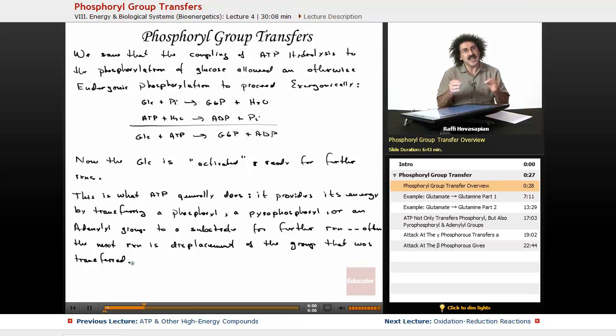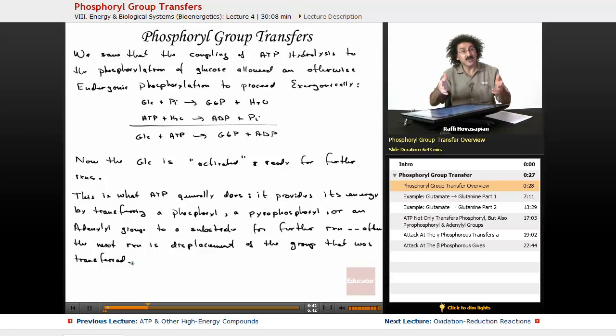That's all that's happening. ATP, by transferring its phosphoryl group onto that molecule, in this case on glucose, has raised the energy content of the glucose. Now the glucose can go and do whatever it wants. It's invested money into the glucose. That's what ATP does, and this is what it generally does. And usually what happens, the next step of the reaction, more often than not, or maybe a couple of steps further down the line in a metabolic pathway, is that this phosphoryl group that's now attached to this molecule is going to end up being displaced.